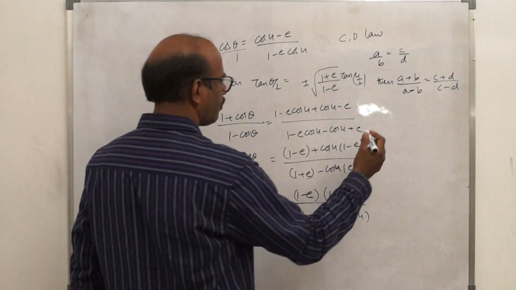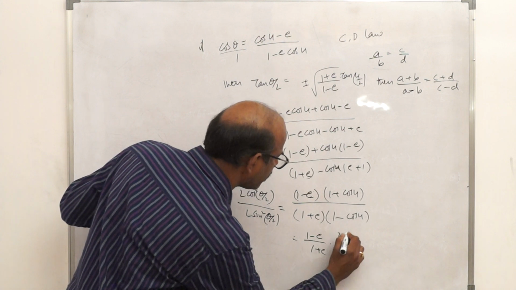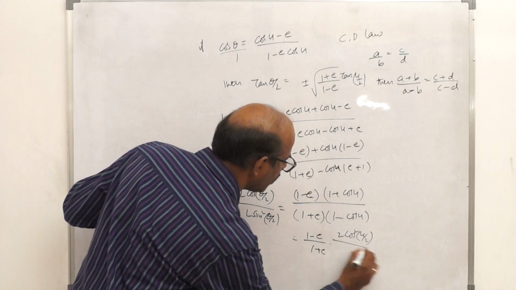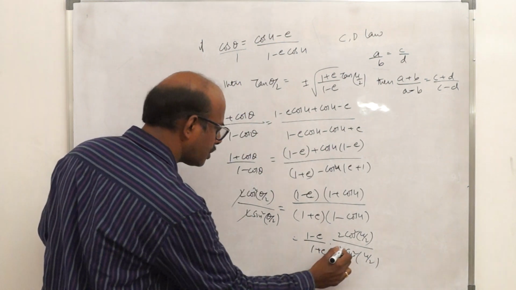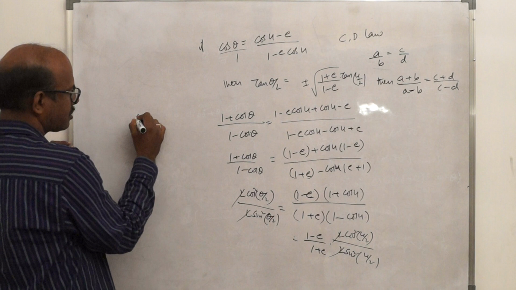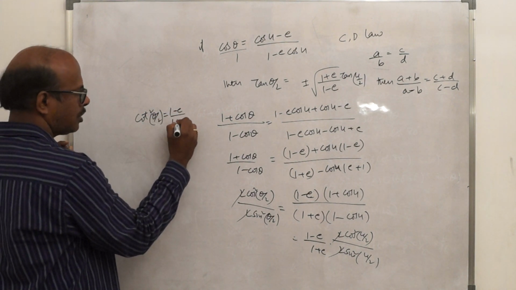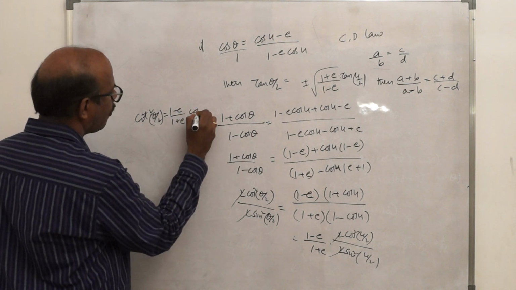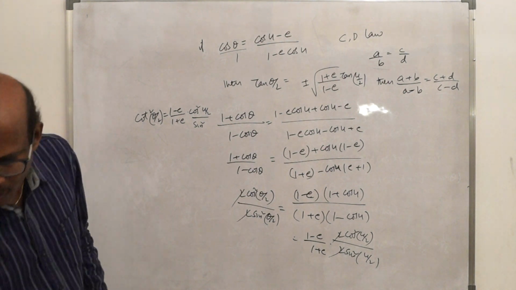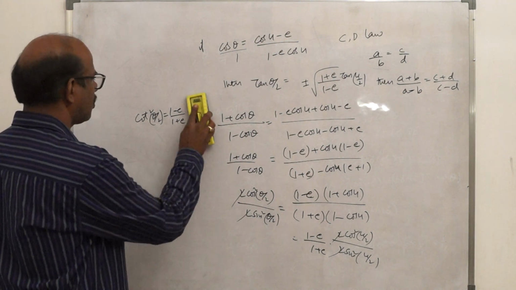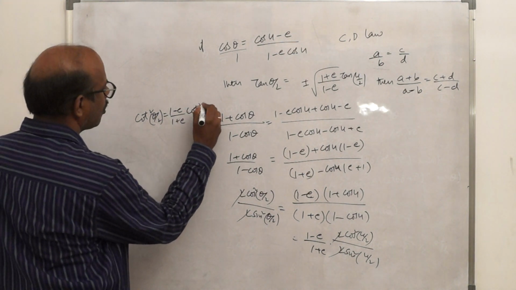Further step, it will be like this: (1 − e) by (1 + e), and this is 2 cos² u by 2 and this is 2 sin² u by 2. Now 2 gets cancelled, 2 gets cancelled. Cos² by sin² is cot² θ by 2, equals (1 − e) by (1 + e) of cos² u by 2 by sin² u by 2, again cot² u by 2.